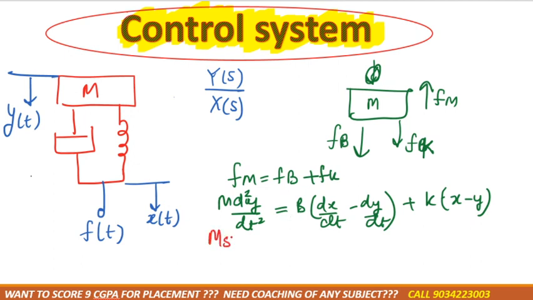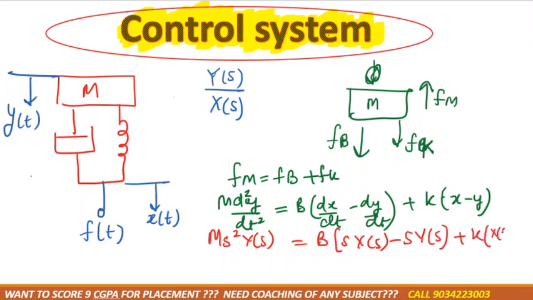That would be m into s square Y of s is equal to b into s into X of s minus s into Y of s plus k into X of s minus Y of s. Then you will get Y of s divided by X of s as bs plus k divided by ms square plus bs plus k. Got it?